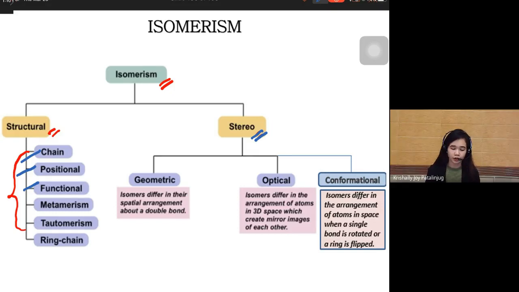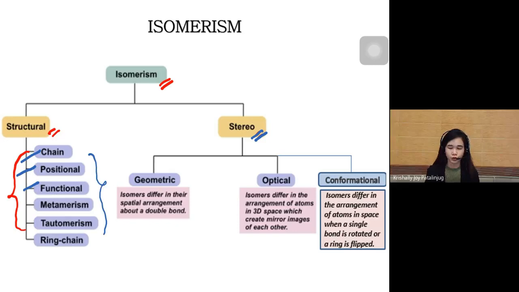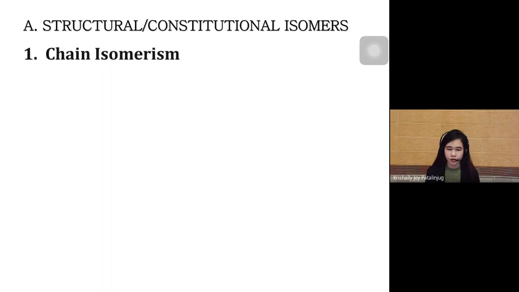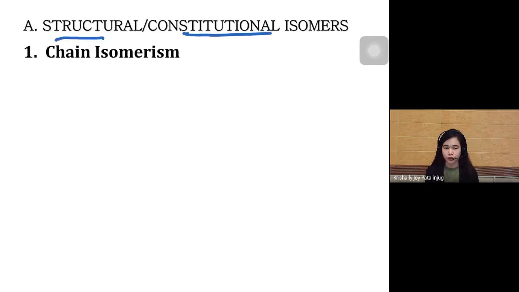Again, yung matatakol natin dito, puro structures na same ang formula but they differ in the structure because there is difference in the order of bonding. Okay, so let us start with chain isomerism. Okay, by the way, structural is also known as constitutional isomerism. They are just the same. Okay, sige, let's start with chain isomerism.